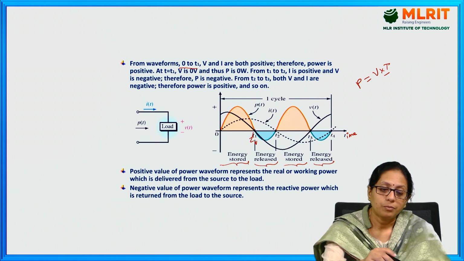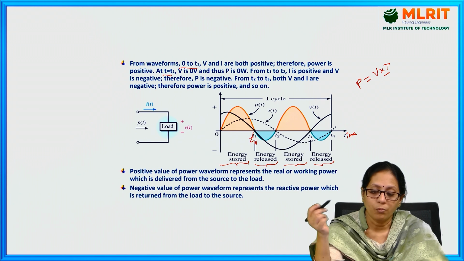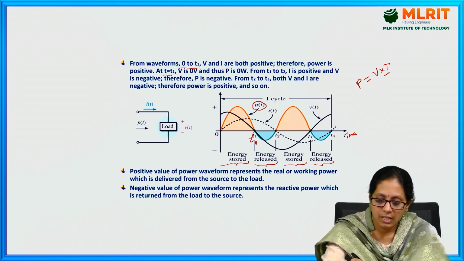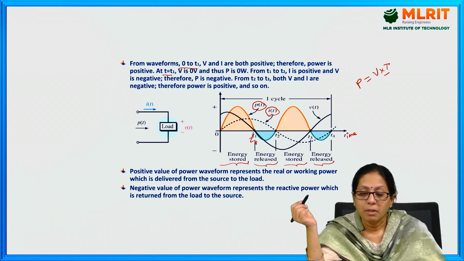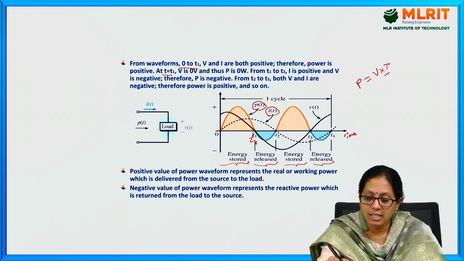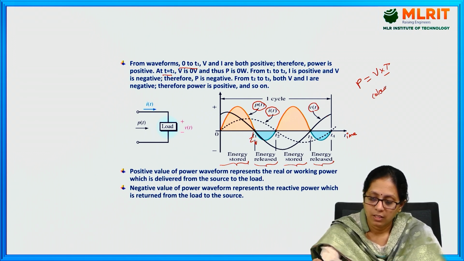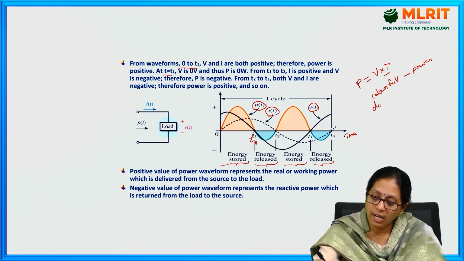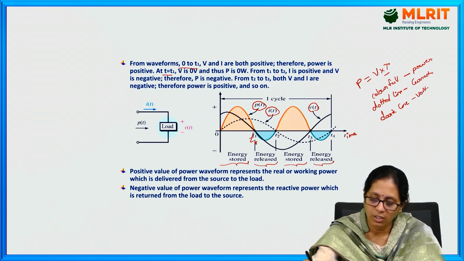And at T is equal to T1, voltage V is 0. Here you can see this is the picture of power. The colorful picture is power, the dotted line is current, the dark line is voltage.